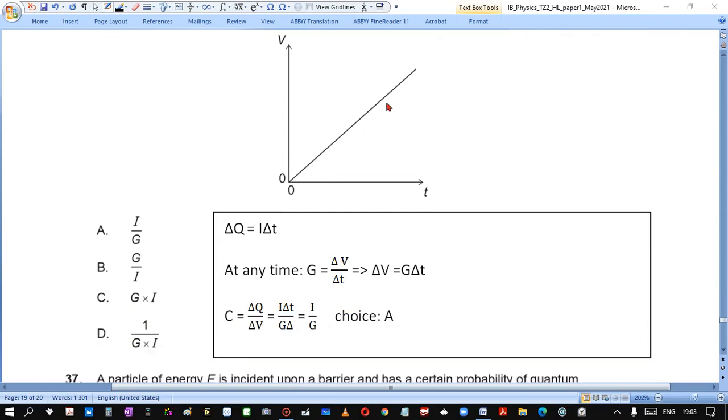So the change of charge with time is given by I delta T. At any time from the graph, change of voltage over change of time equals G. So change of voltage equals G delta T. Capacitance is change of charge over change of voltage. We divide and cancel time, and we get I over G, choice A. Just a mathematical demonstration.